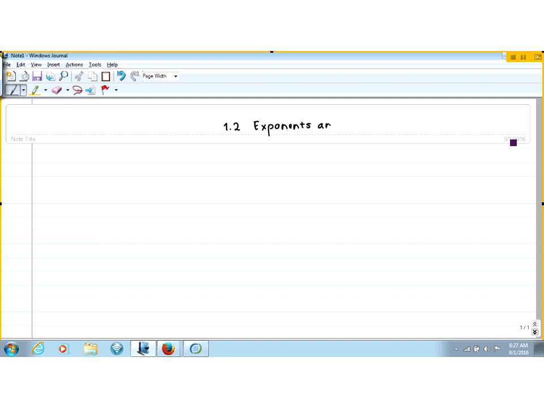This is a little bit longer. All right. So we're just going to write laws of exponents. This is review, and we're not going to prove it or anything like that. So the laws of exponents.